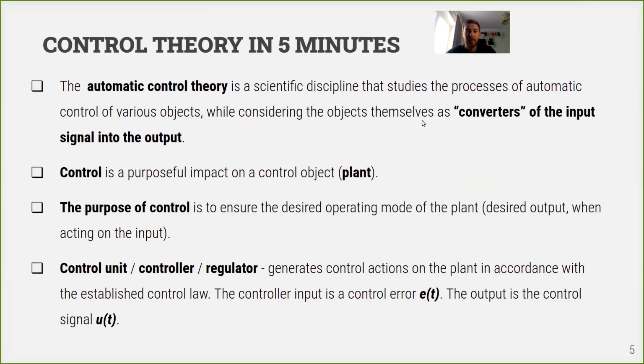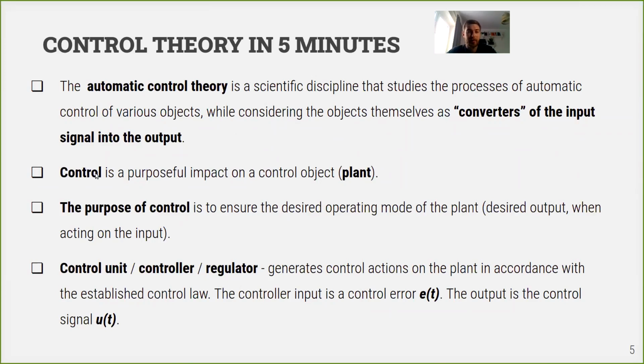For us, it basically doesn't matter what the object is, what physical properties it has. We take it as a black box, which converts some input, which we send to this black box, to some output signal. In control theory, we usually do not think about the internal representation of the objects we are controlling. For us, they're just black boxes.